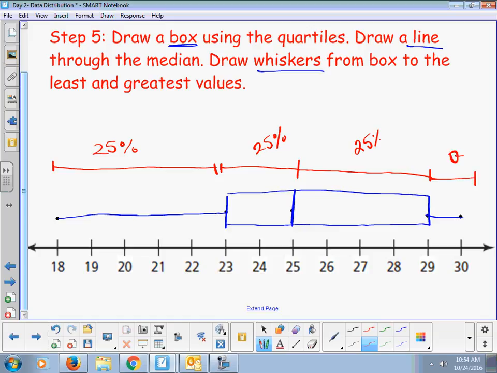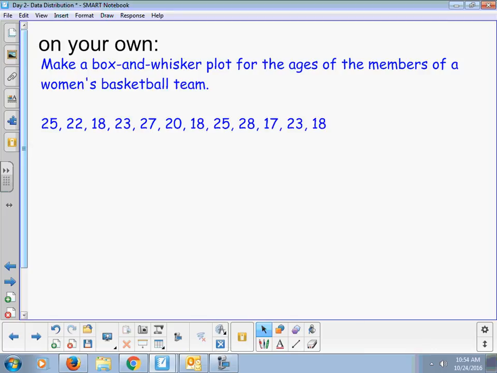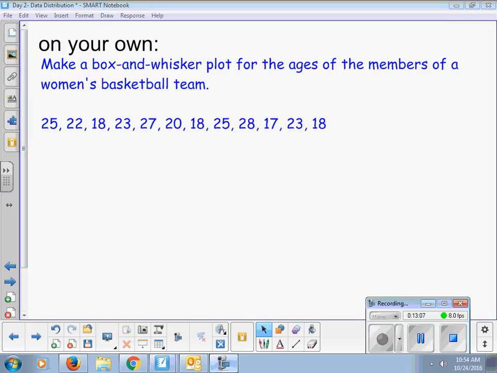And from Q3 to our max is 25% of our data. What percent of our data lies within the box? 50%, because we have 2 quartiles inside the box. What I'm going to have you do is go ahead and try the 2 on your own problems.